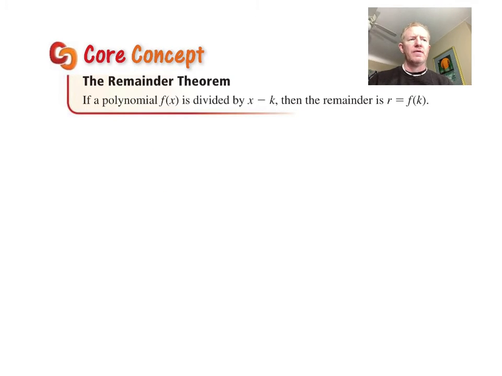The remainder theorem simply says that if I have a polynomial, f of x, and divide it by x minus k, in our case we divide it by x minus 2, then the remainder r is equal to the f of whatever that k value is.